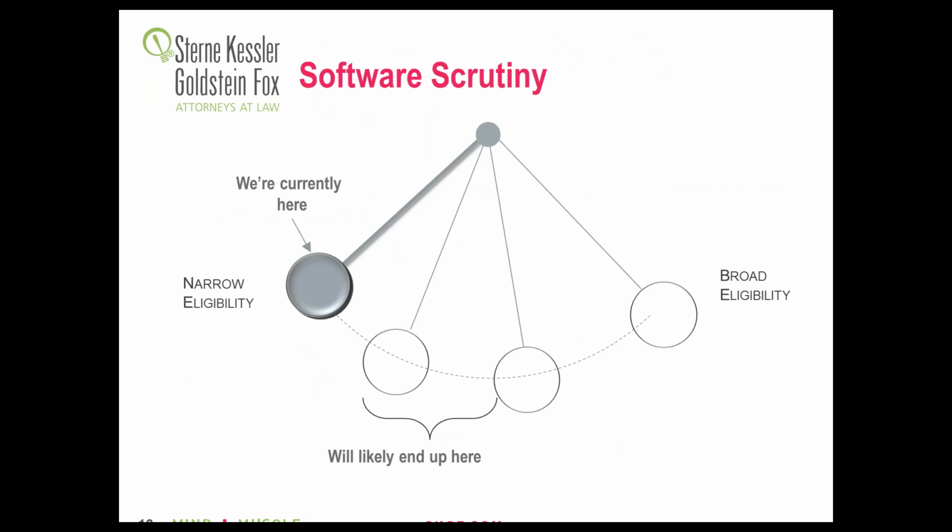What you see here on this slide is the proverbial pendulum swinging in one direction and coming back from the other direction, from broad eligibility to now narrow eligibility. We're currently on the very narrow eligibility side of that pendulum on 101. So a lot of folks may be asking themselves, do we continue to invest in patenting software applications?